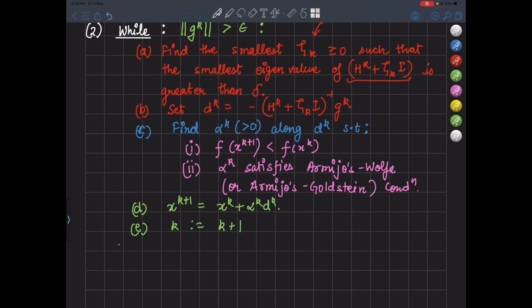We end the loop here, and like always the output is x star equal to xk, the stationary point of f.